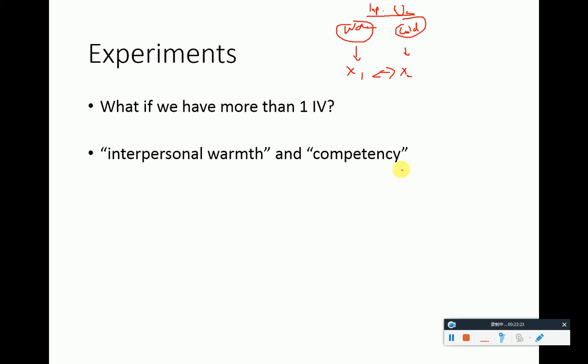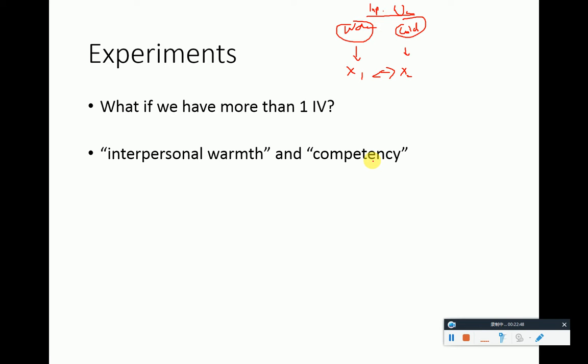But now you're thinking, okay, wait a minute. How we perceive a person's friendliness might not be just relevant to the warmth of that person. It is possible that we tend to perceive a more competent person as more friendly, for whatever reason, or we're just making this up. Doesn't matter.